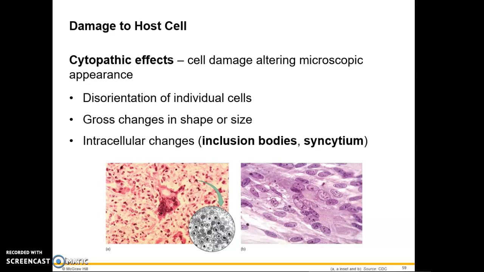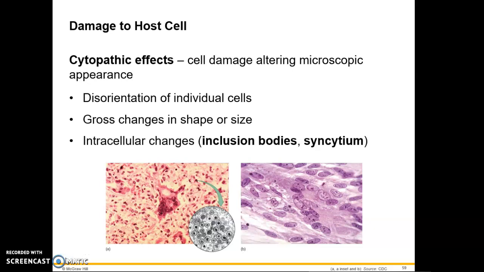And so sometimes you can actually view the cell damage under a microscope, and things that you might see would be disorientation of individual cells, major changes in shape or size, and then also intracellular changes, which would be changes inside of a host cell.